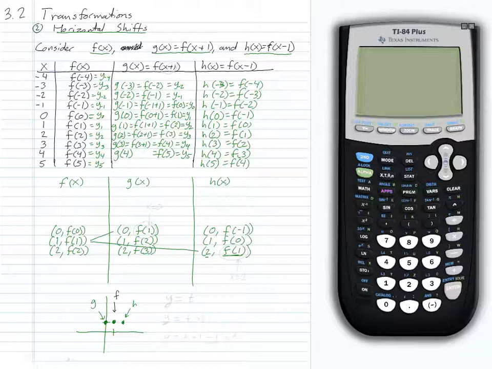One nice way to remember this somewhat counterintuitive shift: if you add 1, you're shifting your original function to the left 1 unit, and if you subtract 1, you're shifting it to the right 1 unit in the positive direction. Think of daylight savings time.